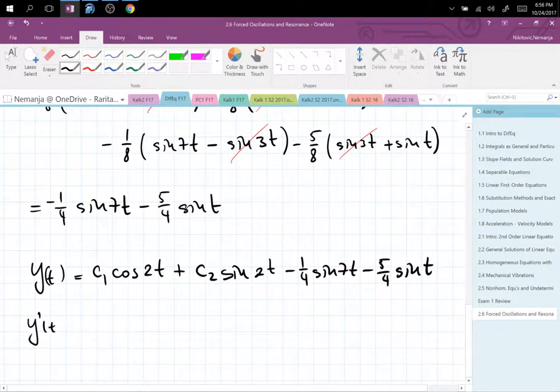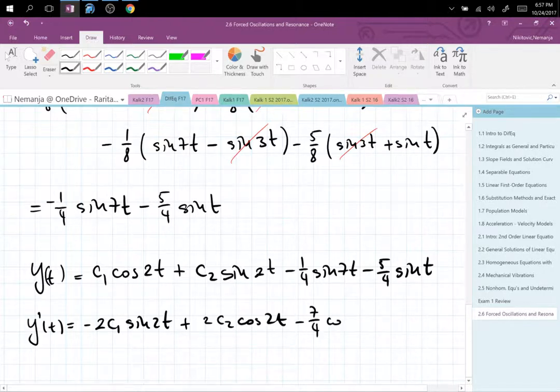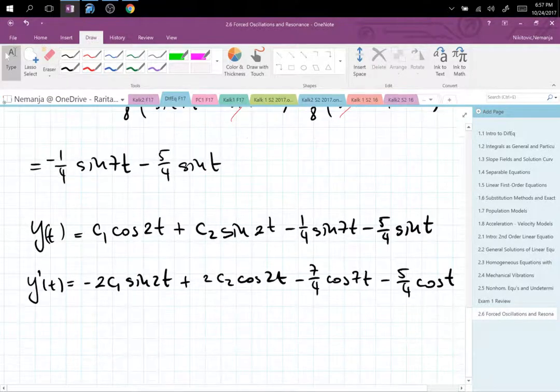So y prime of t is equal to, derivative of cosine is negative sine, so negative 2c1 sine 2t, plus derivative of sine is positive cosine, so 2c2 cosine 2t. 7 jumps out as minus 1/7 cosine 7t, and negative 5/4 cosine t.